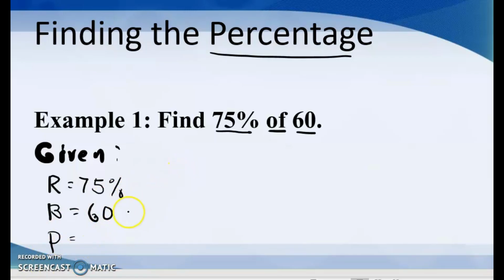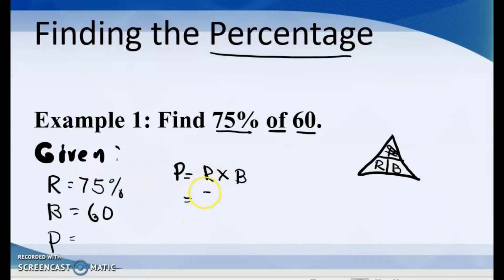So, para makuha natin ang percentage, ano nga ulit ang formula? Kung maaalala natin, yung triangle. Ano yung nasa taas? Yun ay P. Nasa baba is R, tsaka B. So, kung nawawala ang P, that means P is equal to R, rate, times base. Lagay natin.